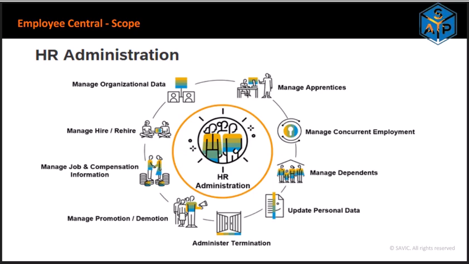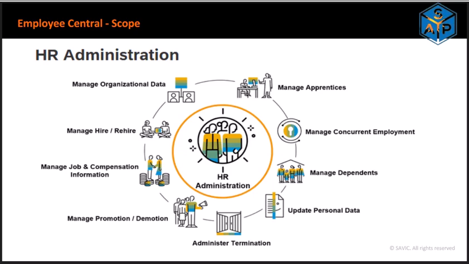Next we have manage concurrent employment. This is a very rare requirement. In some organizations there is only one resource who is managing two different divisions or departments. For example, one resource is managing the human resource department, the admin department, and also the finance department.